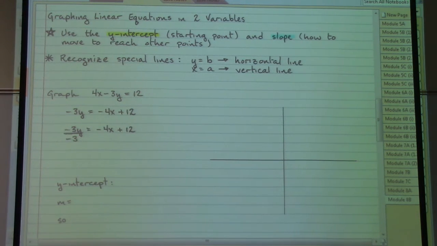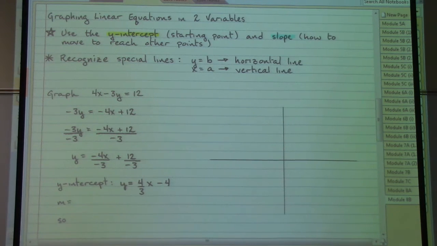You may in fact even remember the slope and how we got it, but just to repeat the steps here of how we got there. What we ended up seeing eventually is that our slope-intercept form was y equals 4/3 x minus 4.